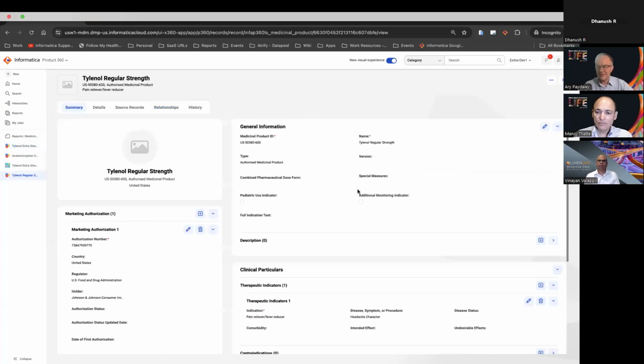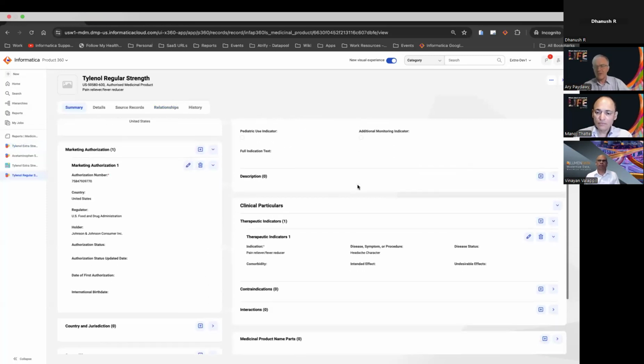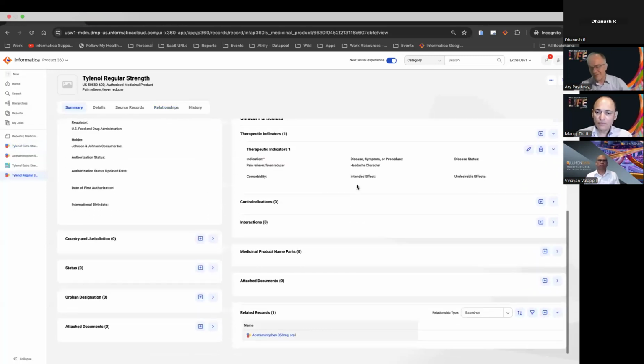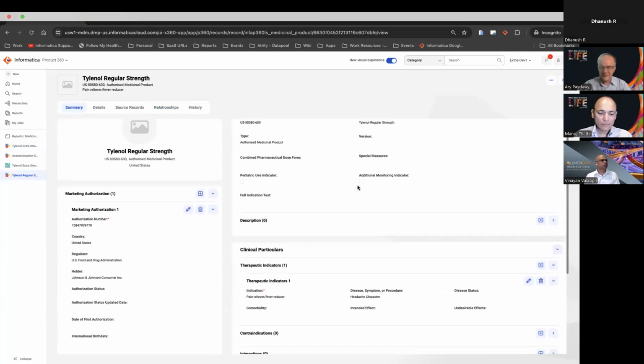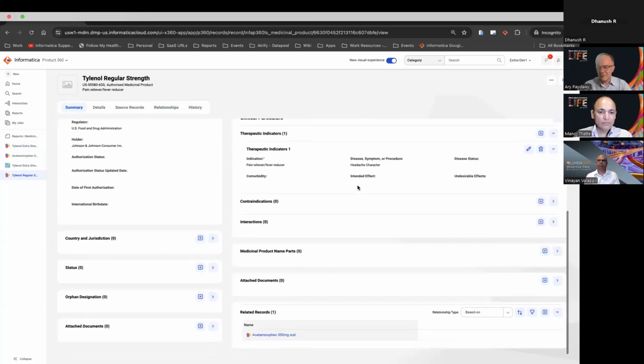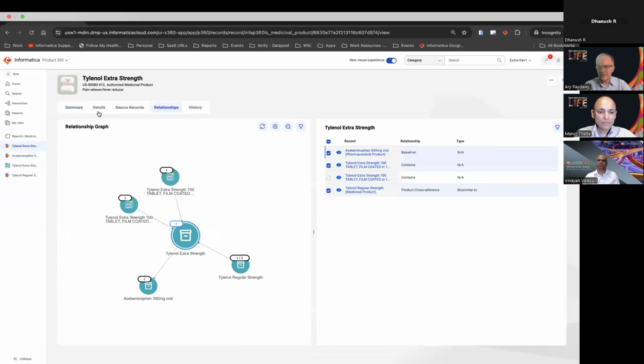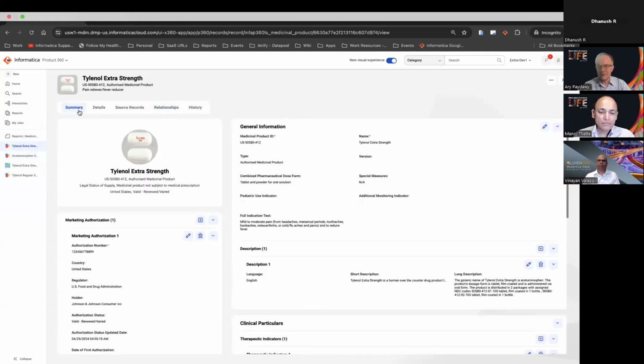Obviously, this is going to be different from region to region. Now I'm looking at the relationship between the medicinal product and another medicinal product. This medicinal product has its own pharmaceutical product, and so forth. This is what makes it really powerful: a lot of these data elements at any level, the relationship, it simply comes in with the solution.